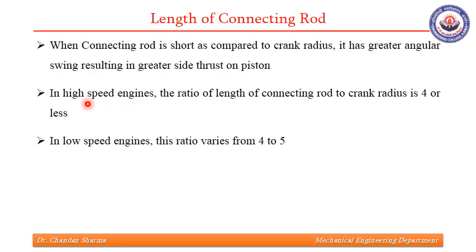So, in high-speed engines, the ratio of length of connecting rod to crank radius is taken as 4 or less, whereas in low-speed engines, this ratio varies from 4 to 5 because the length is an important parameter as it decides the magnitude of inertia forces.